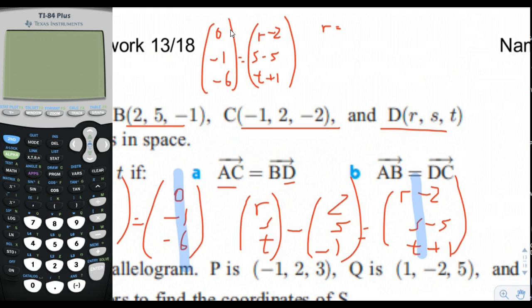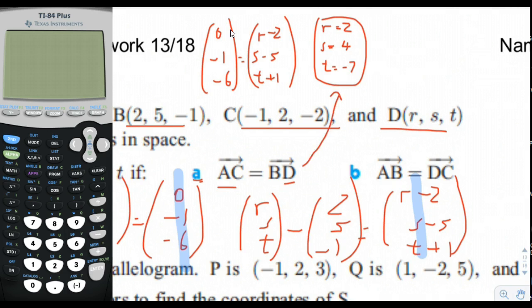So R minus 2 equals 0, so R equals 2. S minus 5 equals -1, so S equals 4. T plus 1 equals -6, so T equals -7. Okay, so that was for A.